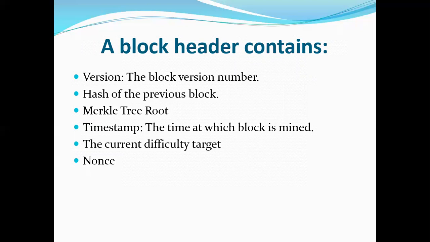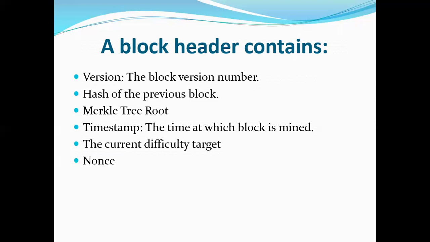This is used to compute the new block hash, hence making the blockchain tamper-proof. The Merkle tree root, it is used for verification of all the transactions. The timestamp, this is the time at which the block is mined. And the difficulty in Bitcoin is expressed by the hash of a Bitcoin block header being required to be numerically lower than a certain target.